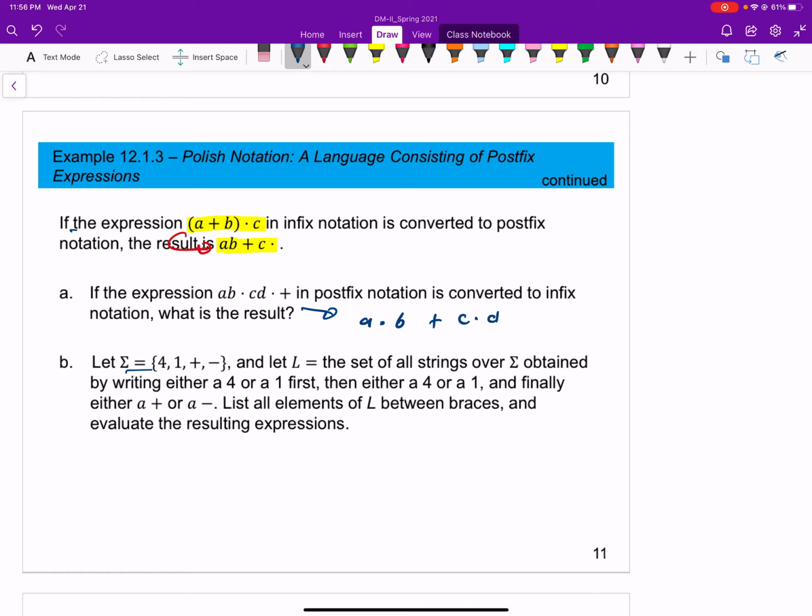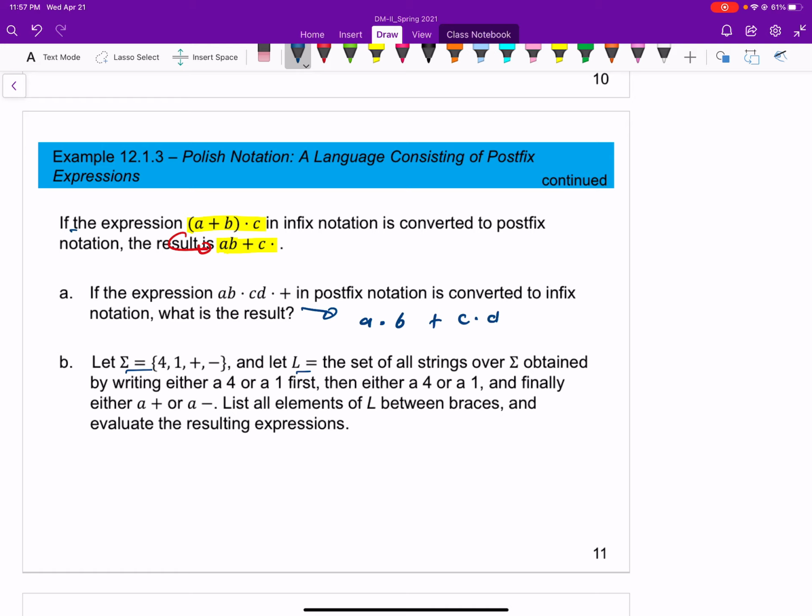Let sigma be the set containing 1, 4, plus, and minus, and let L be the set of all strings over sigma obtained by writing either a 4 or a 1 first, then either a 4 or a 1, and finally either a plus or a minus.